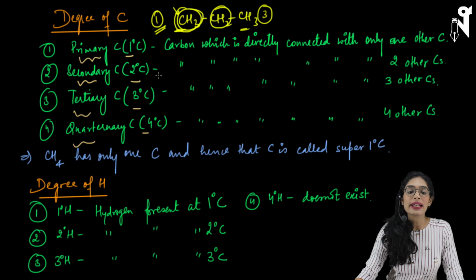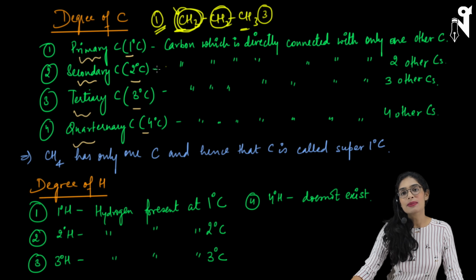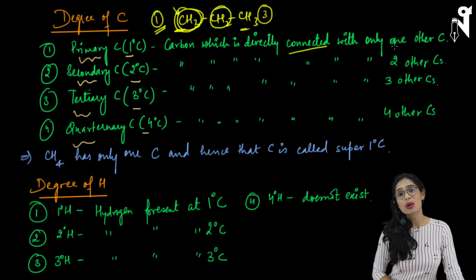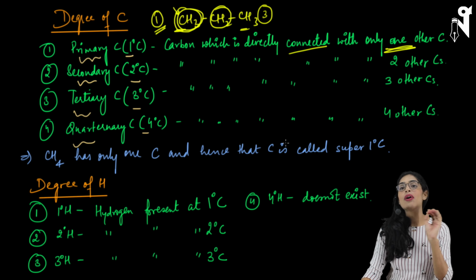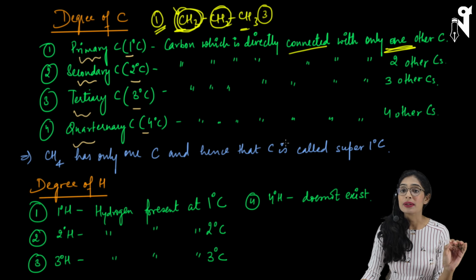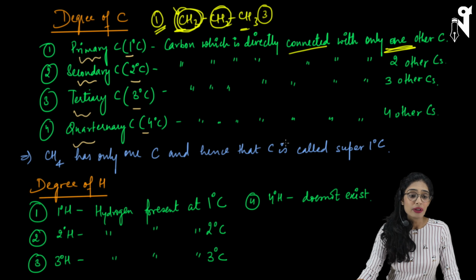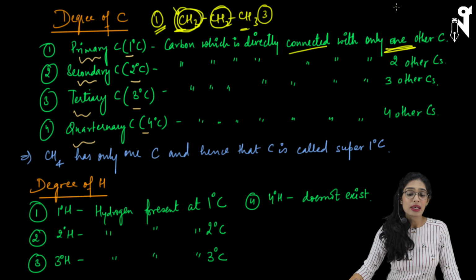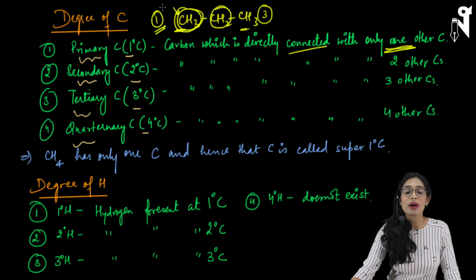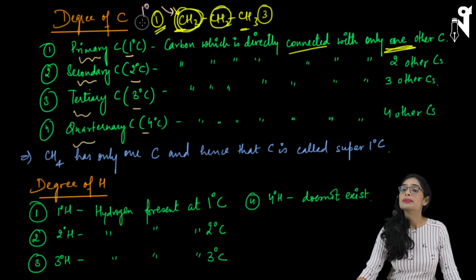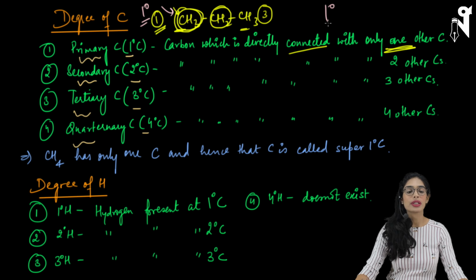So a carbon directly connected with only one carbon atom is called a primary carbon, or we say the degree of the carbon is primary. So here the degree of the first carbon comes out to be primary. I will just write 1 degree over here. I will not write the complete term primary.